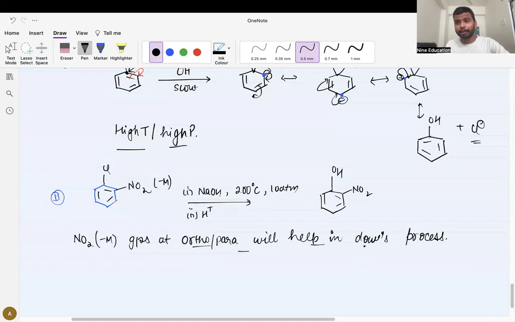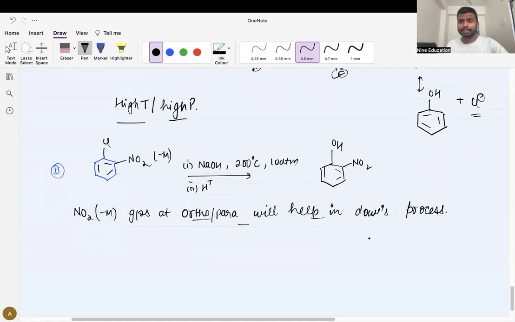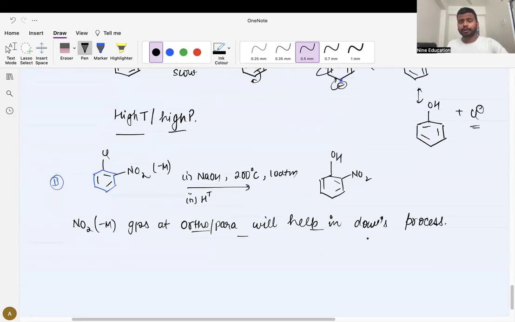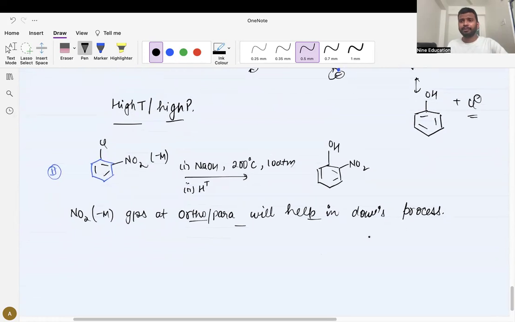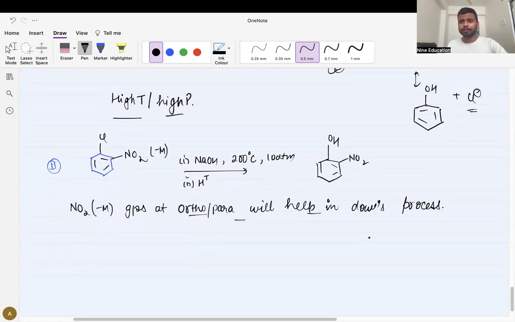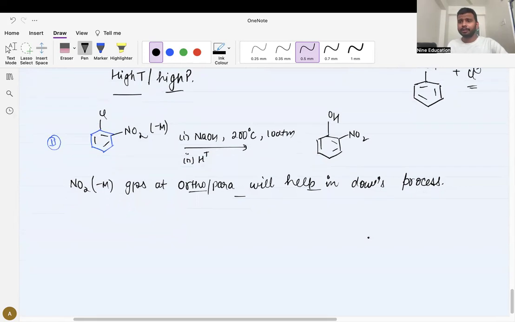So our product will be made more, and conditions are lower. We don't need heavy temperature and heavy pressure because all these are not cost effective. Maintaining high temperature and high pressure needs heavy cost and heavy industrial setups. So we always prefer a reaction which is at room temperature.